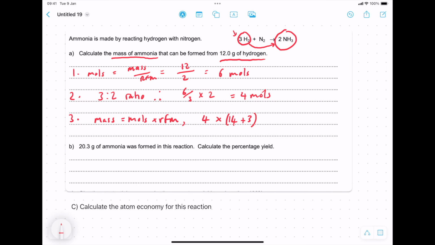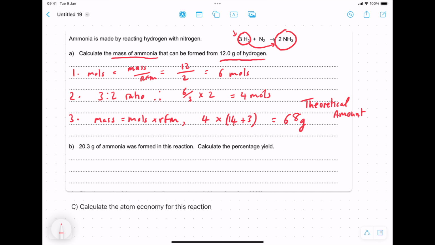So that's 17. So it's 4 times 17, which gives us an answer of 68 grams. In theory, we should make 68 grams. This is what's called the theoretical amount. That is how much we should be generating from 12 grams of hydrogen reacting.